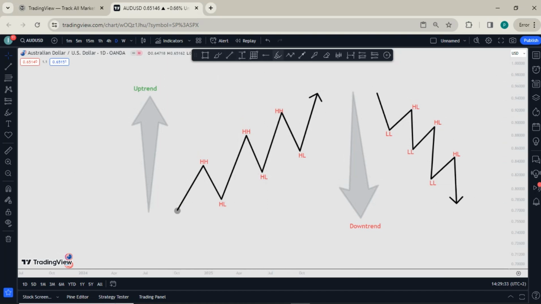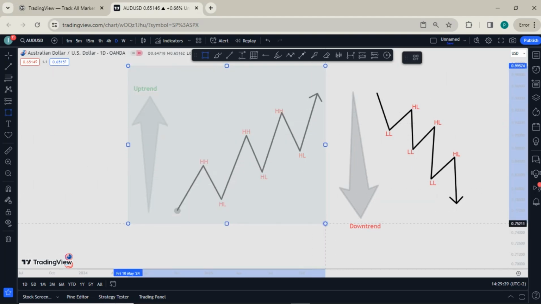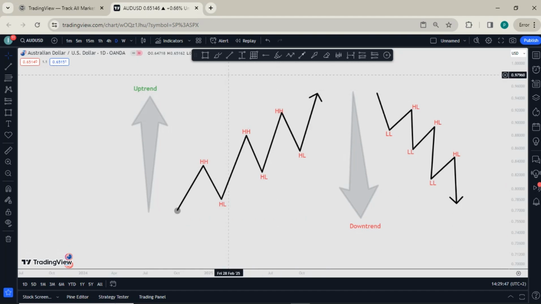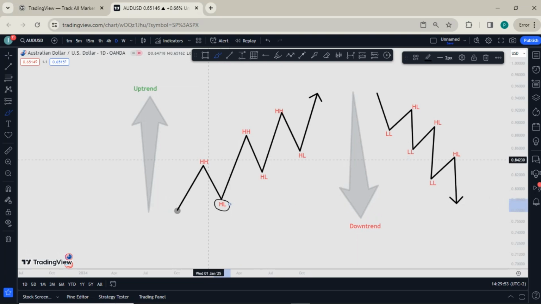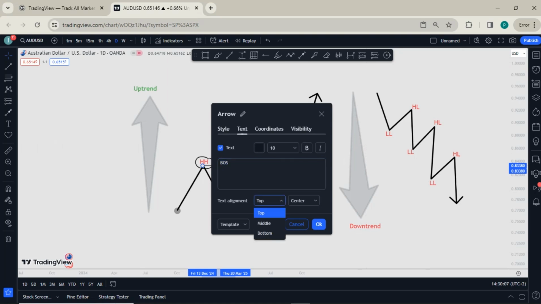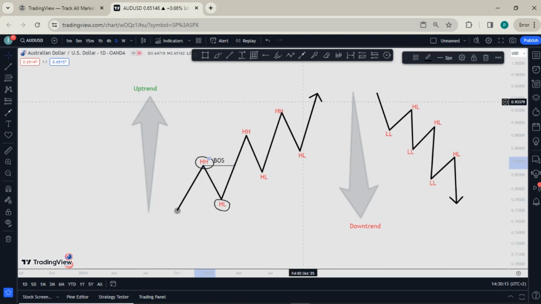So now let's focus on an uptrend, on this section here, which is our uptrend, right? So now one thing I want you to understand is that when a higher low breaks a higher high, it creates a break of structure. It is what is called a break of structure, right?